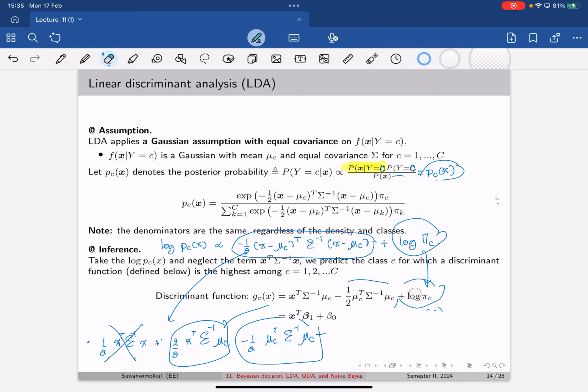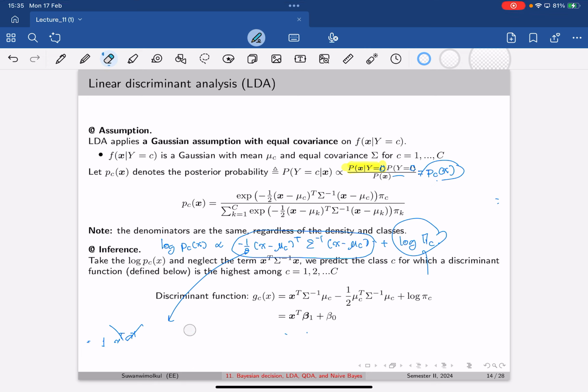Therefore, once you have these, you can reformulate it. Whatever is attached to X is grouped together, and whatever is unrelated to X is a separate term. So you end up with a linear function, which is similar to the linear regression that you learned before.